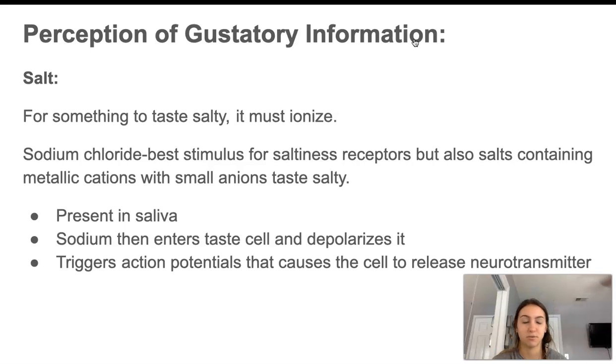The receptor for saltiness is a sodium channel. So how it chemically reacts, it is present in the saliva. The sodium then enters the taste cell and depolarizes it, triggers action potentials that cause the cell to release the neurotransmitter.